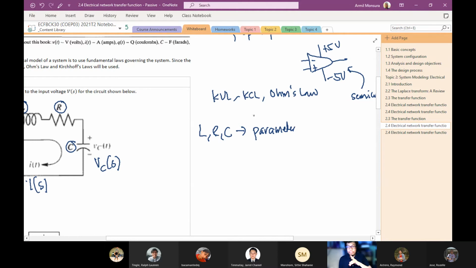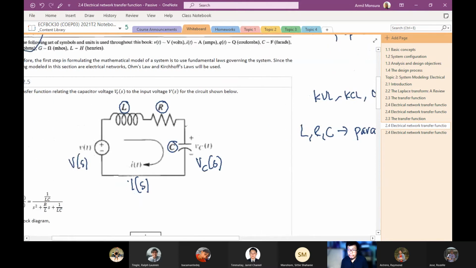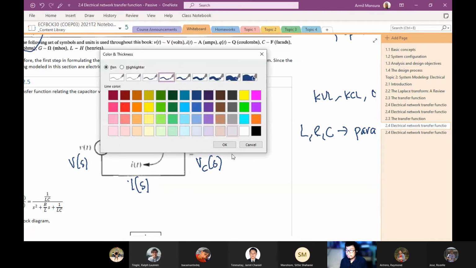Now, what we need to do is to express these parameters in terms of what they are in Laplace transform domain. And that means we are taking their impedances. So kukunin natin yung impedances nitong mga to, nung inductor, nung resistor, saka nung capacitor. And how do we determine that?